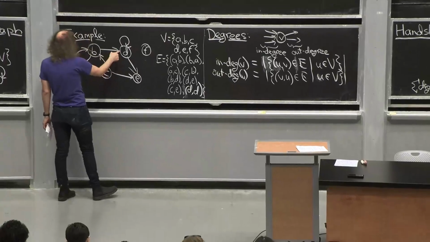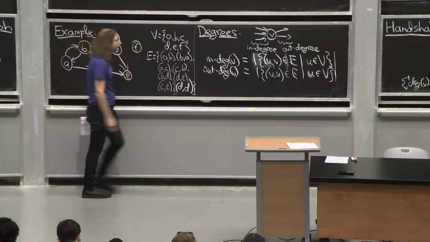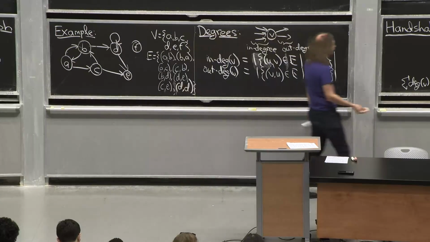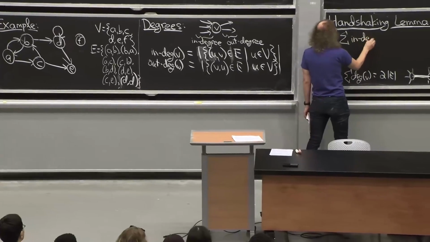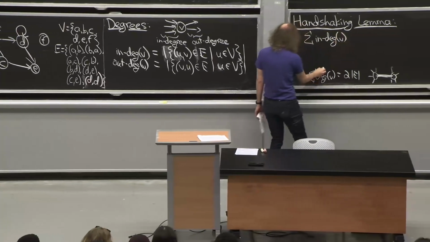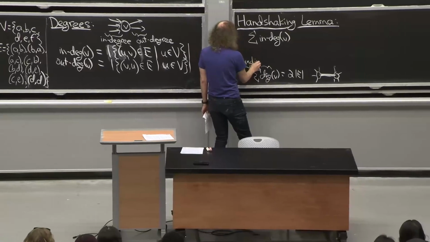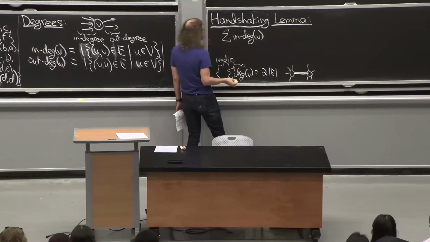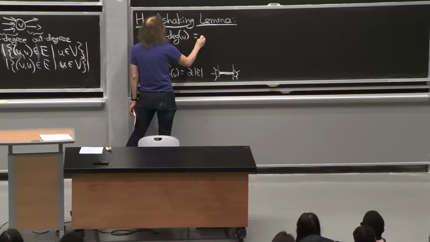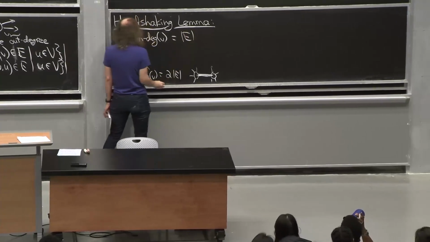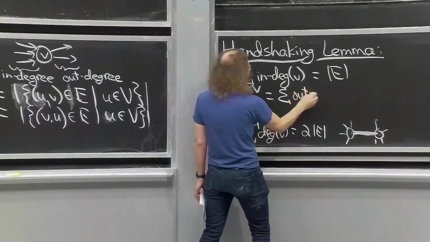This comes out of B and goes into D. So if we write the sum of, say, in degrees, so this was just remembering undirected. In the directed case, we have the sum over all vertices of in degree equals exactly the number of edges, and also equals the sum of the out degrees.